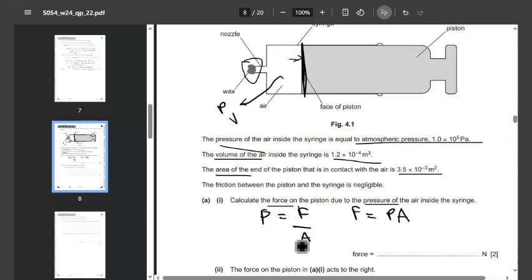The pressure is 1.0 into 10 to the power 5 and the area is 3.5 into 10 to the power minus 3. So 1.0 into 10 to the power 5 multiplied by 3.5 into 10 to the power minus 3. So we will get 3.5 into 10 to the power 2 Newton, and that is the force.